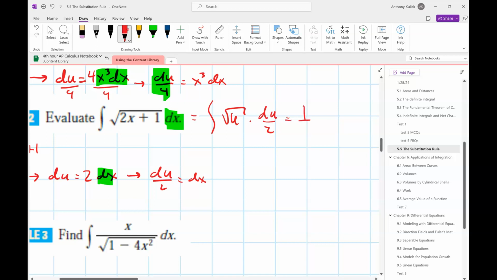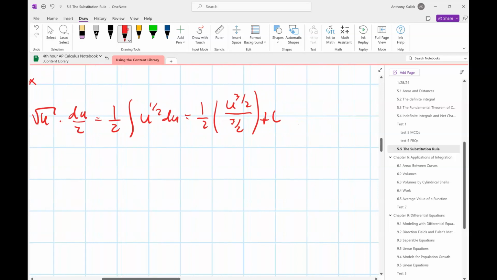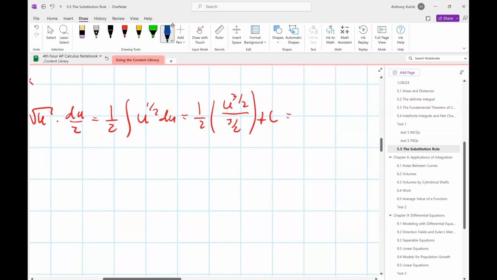And now I'm in a form where the integration should be pretty easy, right? We'll pull the 1/2 out front. I'll rewrite square root of u as u to the 1/2. What's the antiderivative of u to the 1/2? Don't forget our plus c's. Let's see, that 1/2 multiplies through and cancels the 2 down there. So we have 1 plus 2x. No, it's 2x plus 1, wasn't it?